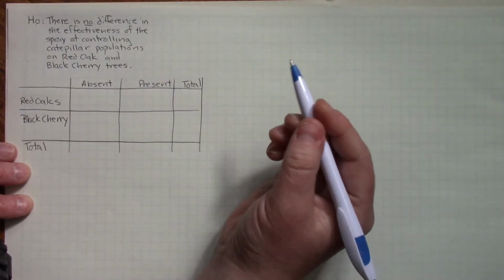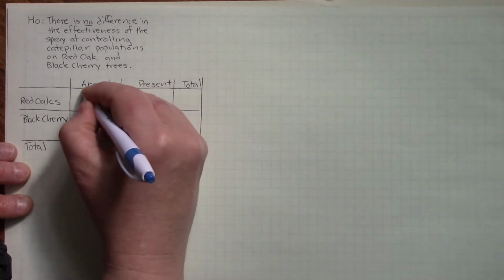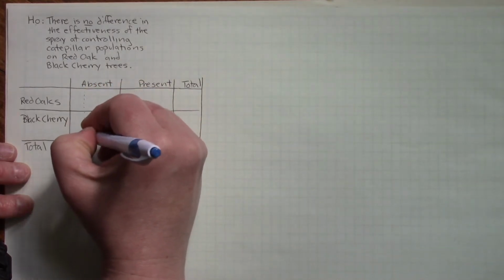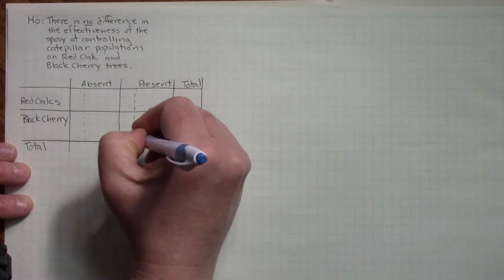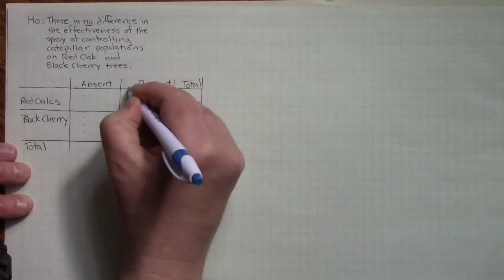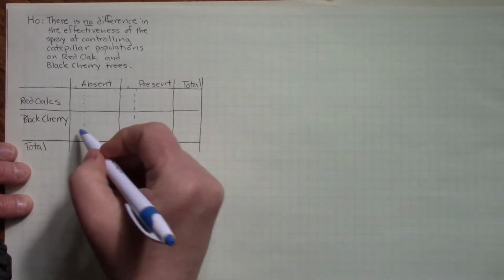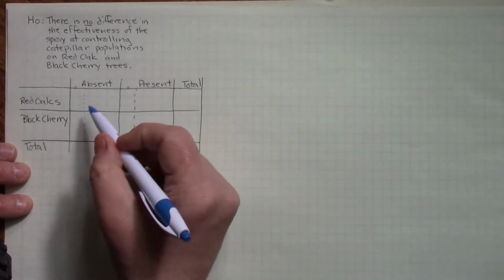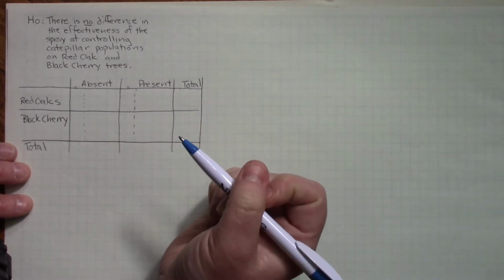Now I'm also going to split this where I have my observed numbers and my expected numbers. I'm making my observed area smaller because I'm just writing down the number I counted, where I'm going to do a little bit of math in my expected totals.